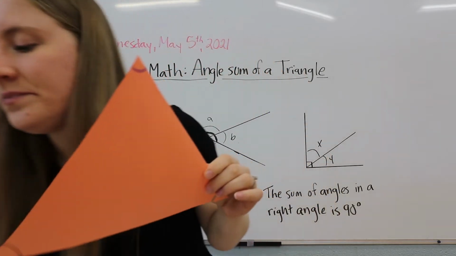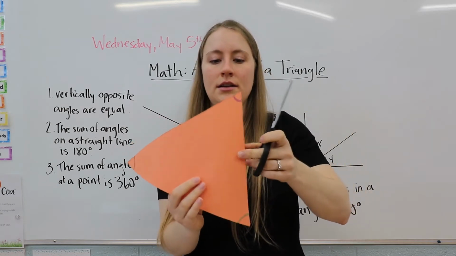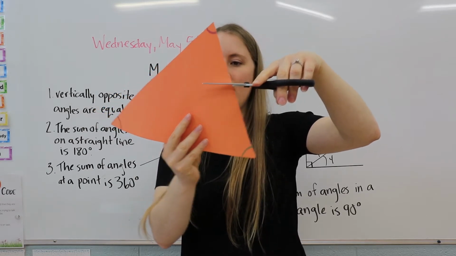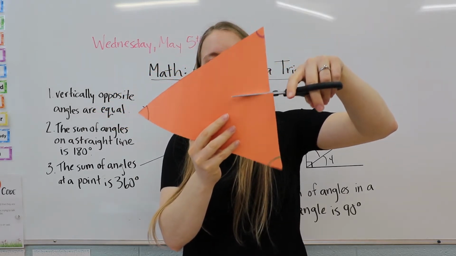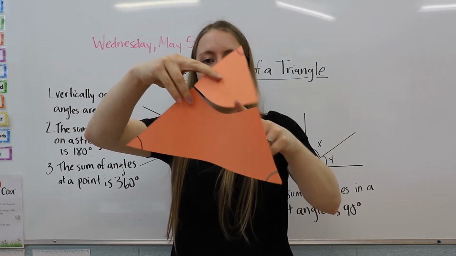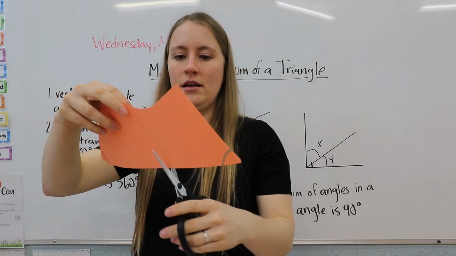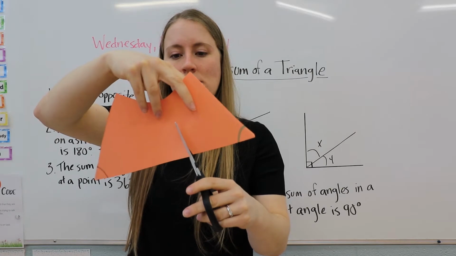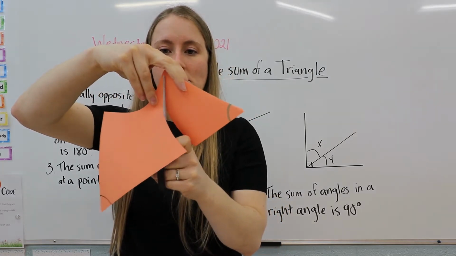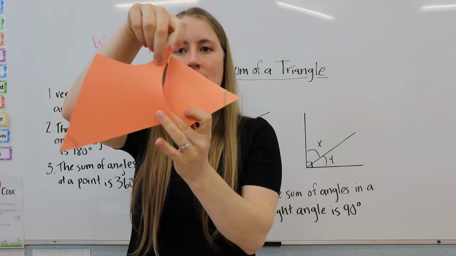So what we're gonna do is cut our triangle, okay? So I'm gonna try to follow the instructions loosely here. And I'm gonna cut here. So I've lopped off this first angle. And then I'm gonna cut it here. Okay, so I've lopped off my second angle.